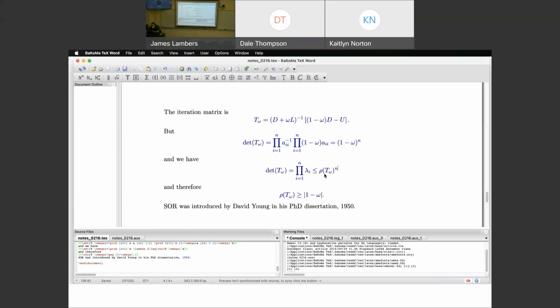So by setting this less than or equal to this, we then have this inequality. And this has to be less than 1 for convergence. Therefore, omega must be strictly between 0 and 2 for convergence to occur.